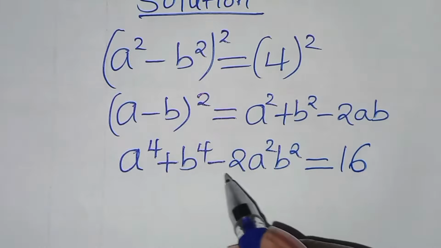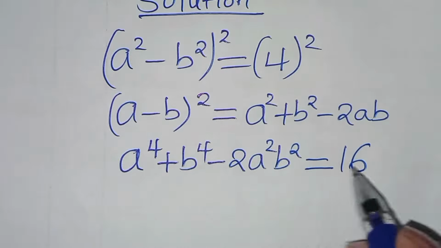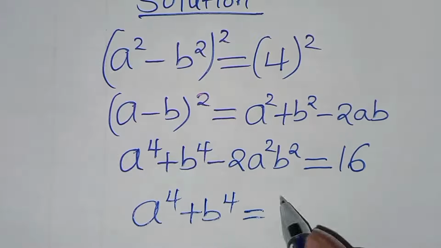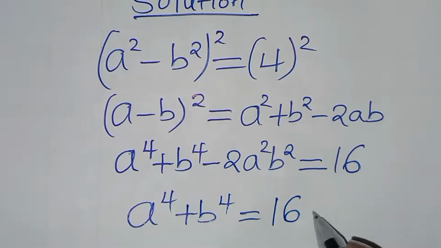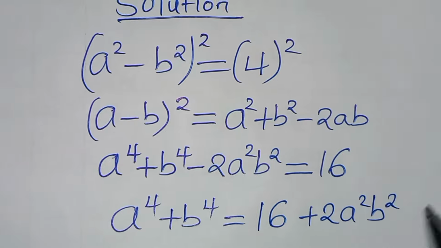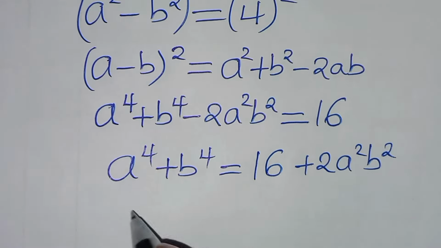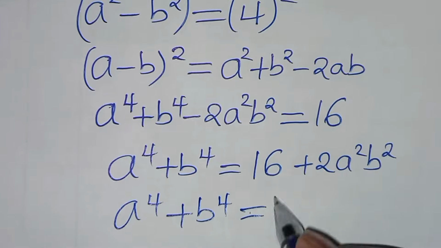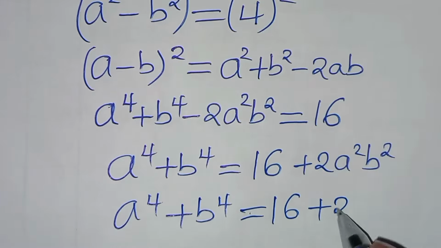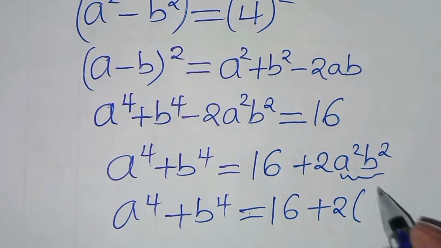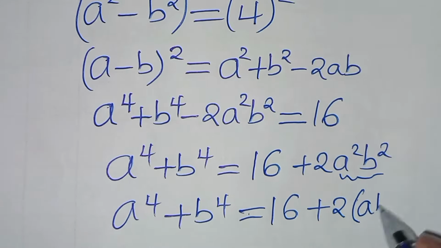The next step here, let's take minus 2a squared b squared to the right hand side. So we'll have a to power 4 plus b to power 4 equal to 16 plus 2a squared b squared. We can express a squared b squared as the square of the bracket a times b.